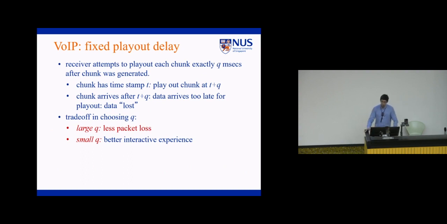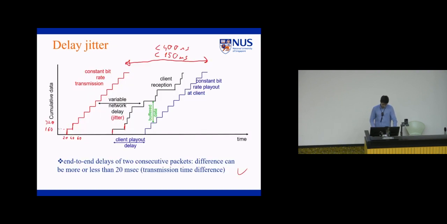Well, there are 2 approaches we can take. First one is the fixed playout delay. You just set a fixed, let's say 80 milliseconds, of delay between the time you receive the packet and the time you play the packet.